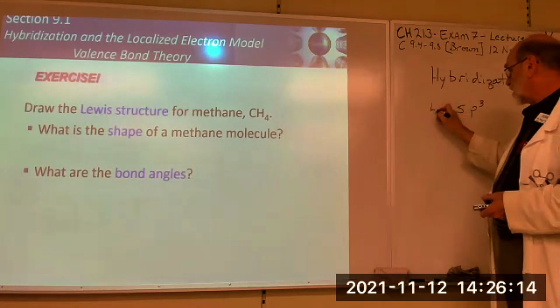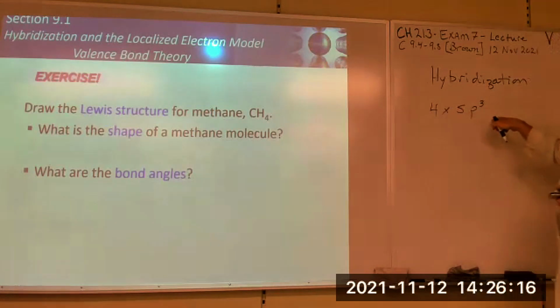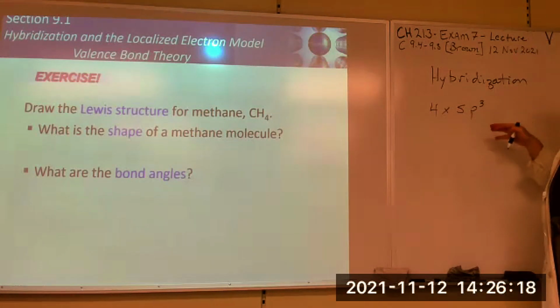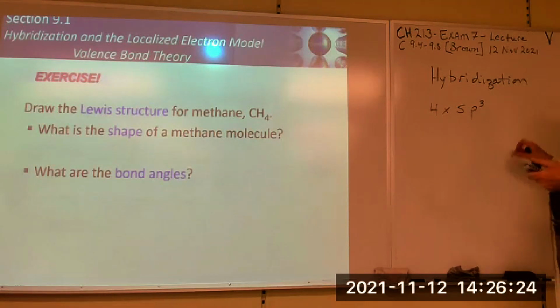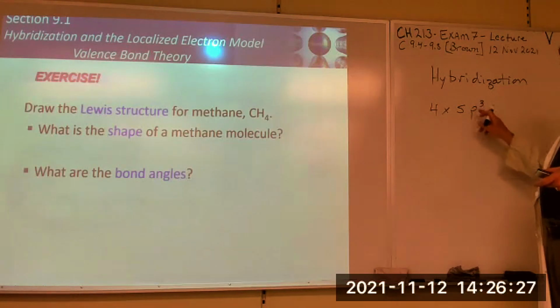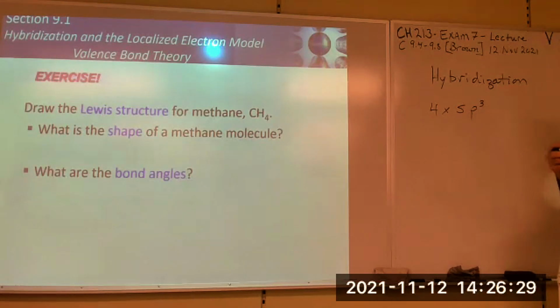So we have 4 of these available to us, 4 sp3 orbitals with equivalent structure and direction. Now, if we overlap a hydrogen with each one of these, they're equivalent orbitals, equivalent bonds.